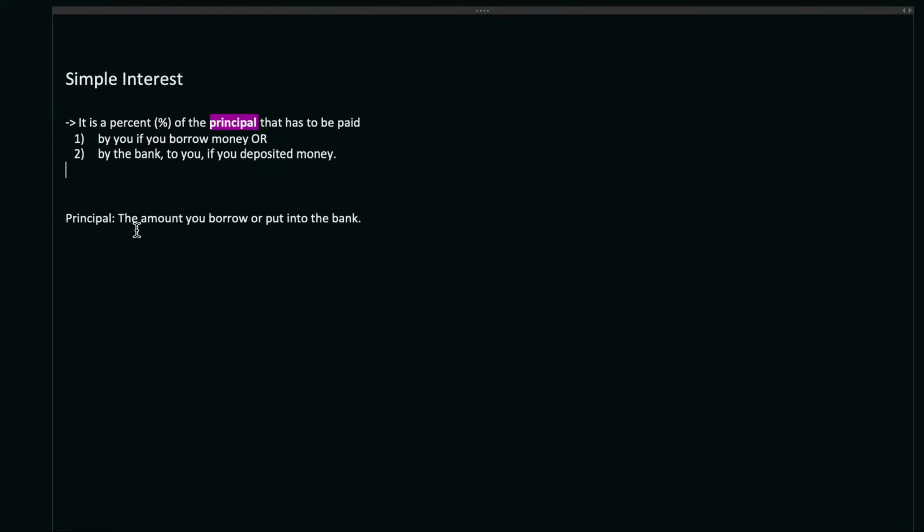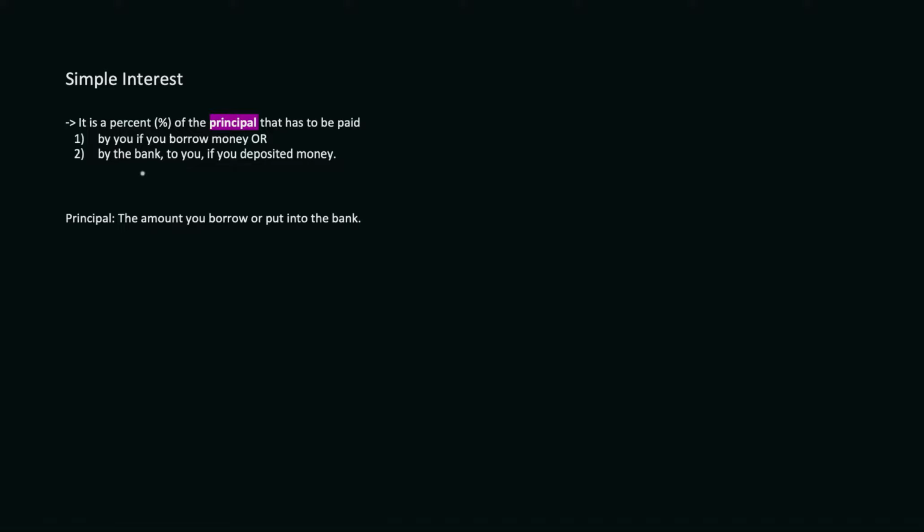And principal is nothing but the amount. Let me get my marker here. Just a second. Cool. So it's just an amount. Let me change the color. Okay. So it's the amount, which is the same as money that is borrowed from a bank or put into the bank.